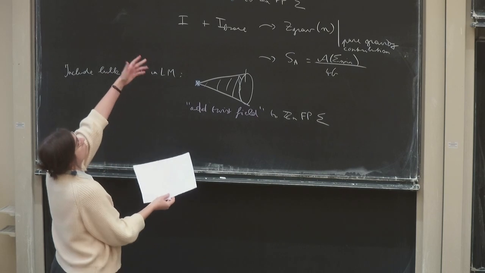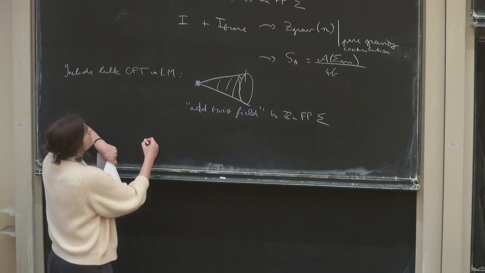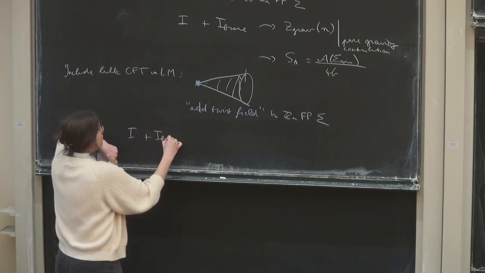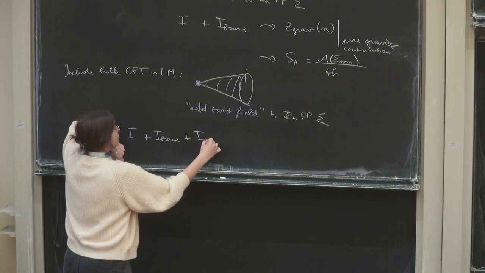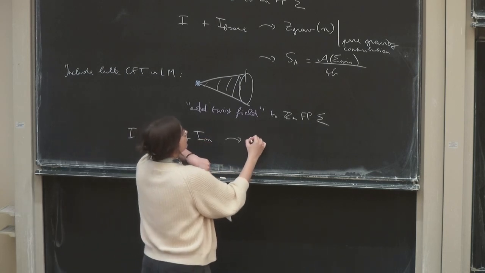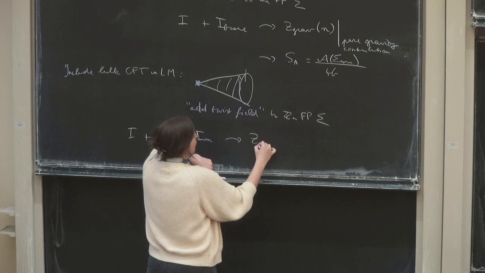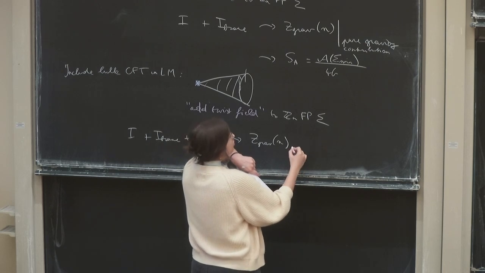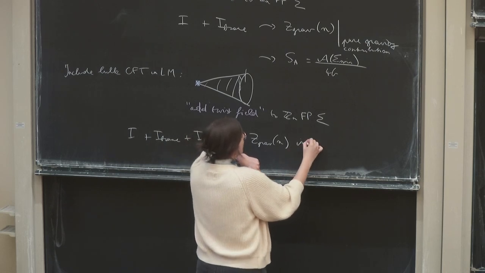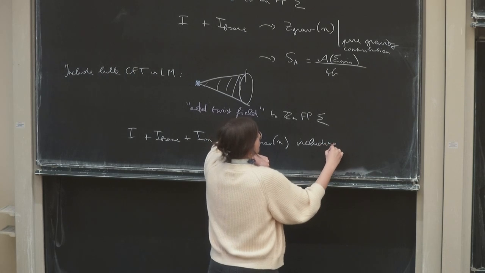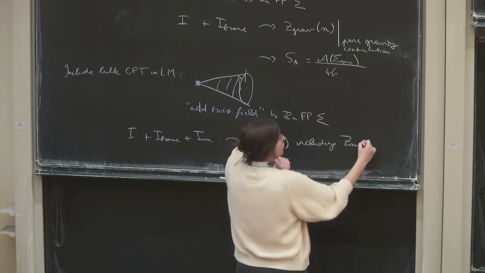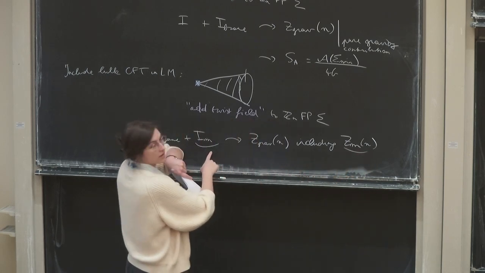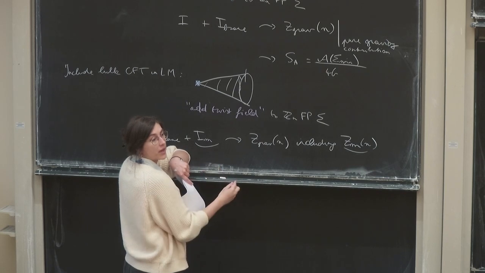to include conformal matter in the bulk, such that the gravitational action in the presence of a brane, but also in the presence of matter, gives rise to a gravitational path integral in the semi-classical approximation that now includes a matter contribution from this matter part of the action.